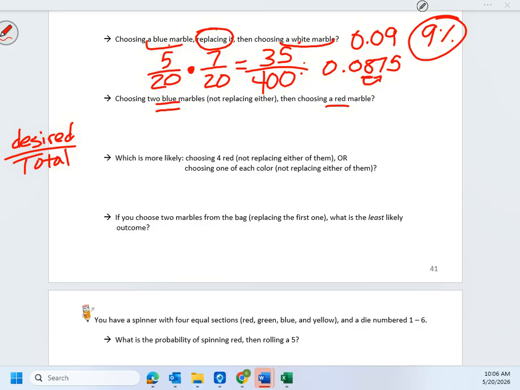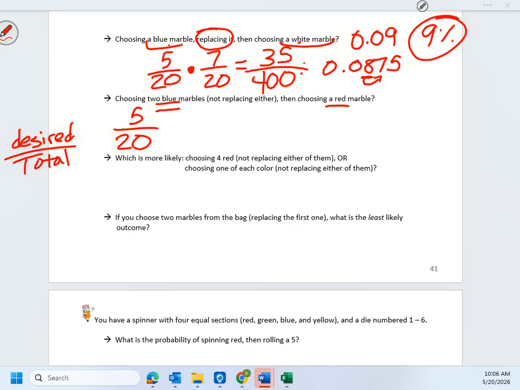Oh, there are a lot of us that are almost there. 2 blue marbles. There are 5 blue marbles out of 20. I take a blue marble out, and I don't put it back in. How many blue marbles are left in my bag?